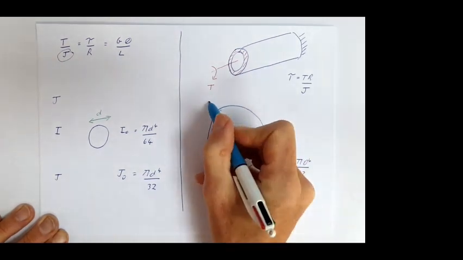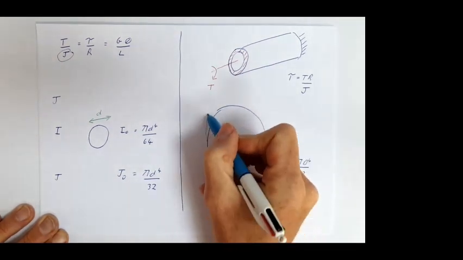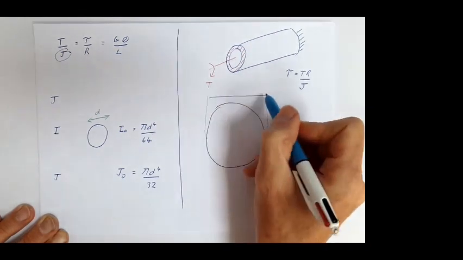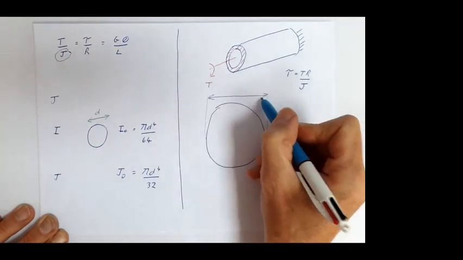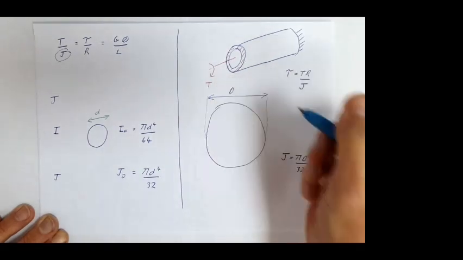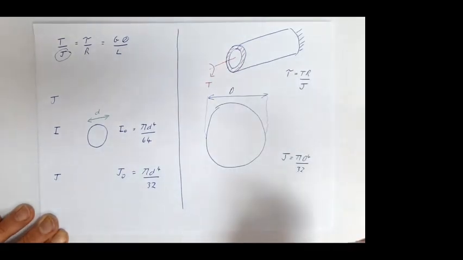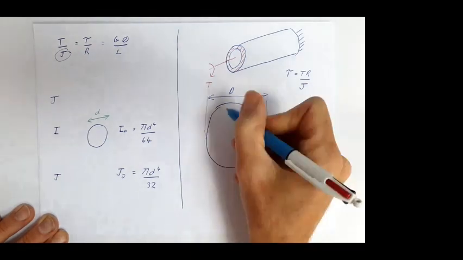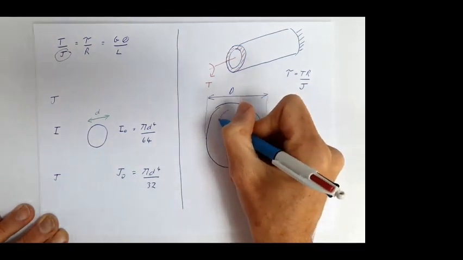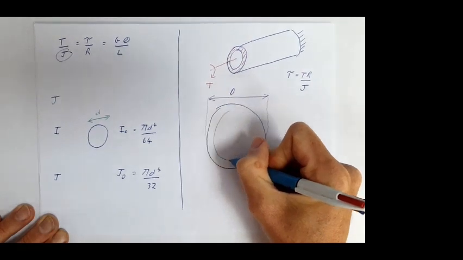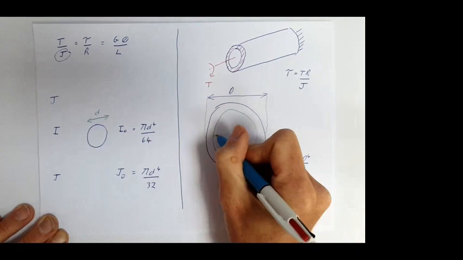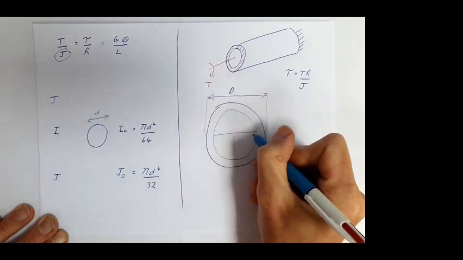If this is the outside diameter, I've called that capital D. Now this inside circle was a solid circle of diameter small d.